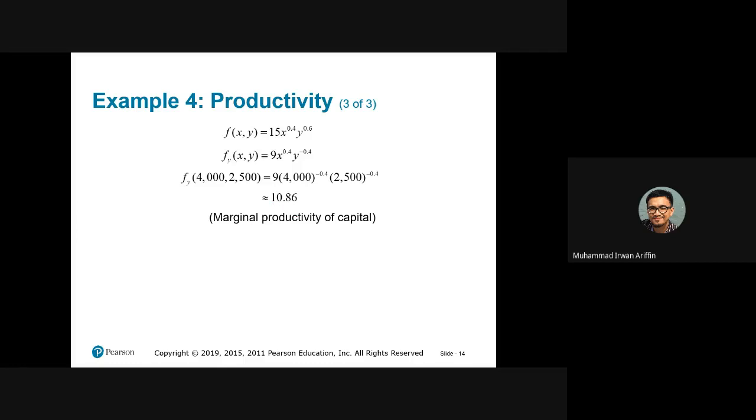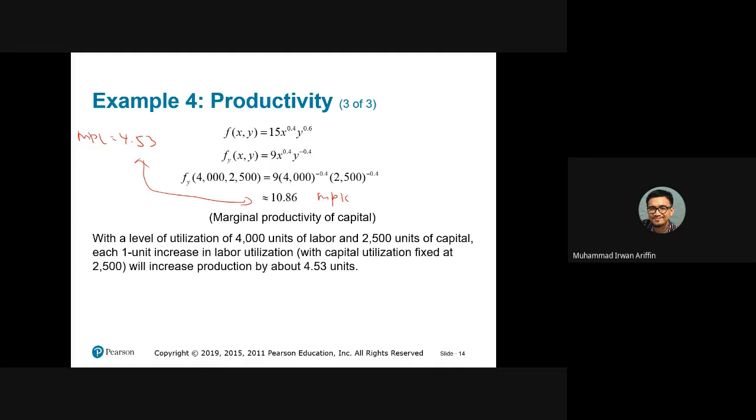Now, when we compare these two, the MPL previously was around 4.53. So we compare the marginal productivity of capital and the marginal productivity of labor. Which one is higher? Marginal productivity of capital. So in other words, capital is more productive.